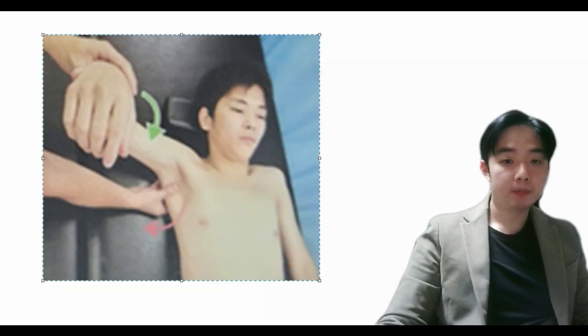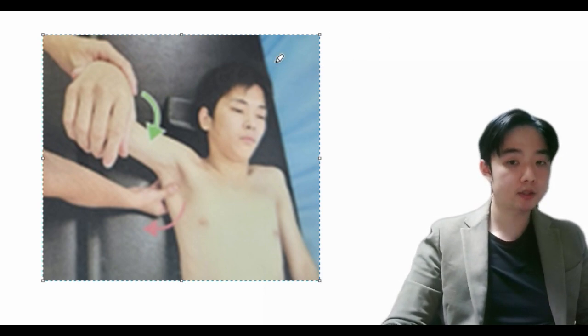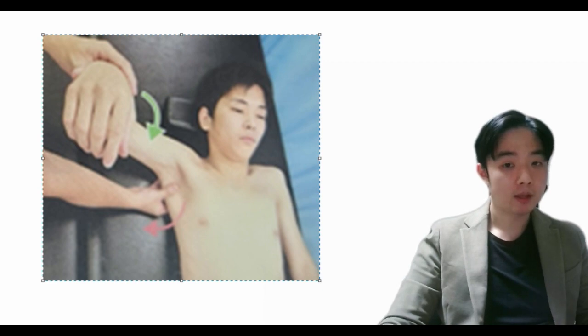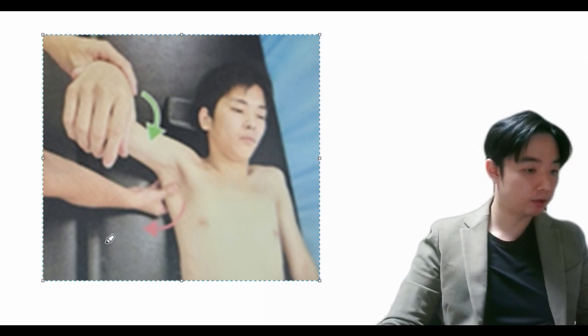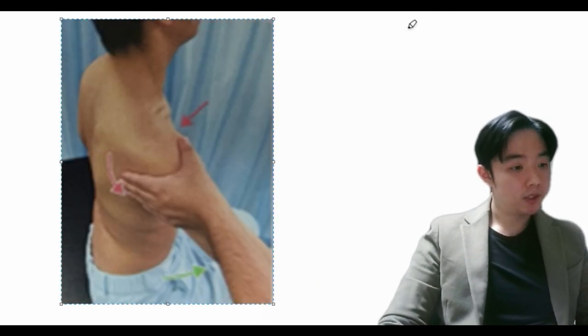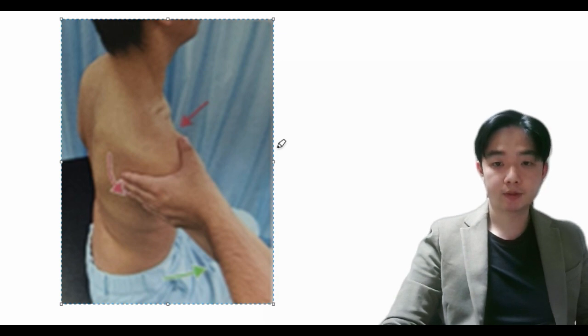To promote muscle contraction of the supraspinatus and infraspinatus muscles, it's good to directly stretch the lower fibers of the supraspinatus muscle by pushing it towards the scapula, as if pulling it out of the acromion. This is the contraction of the supraspinatus and infraspinatus muscle.